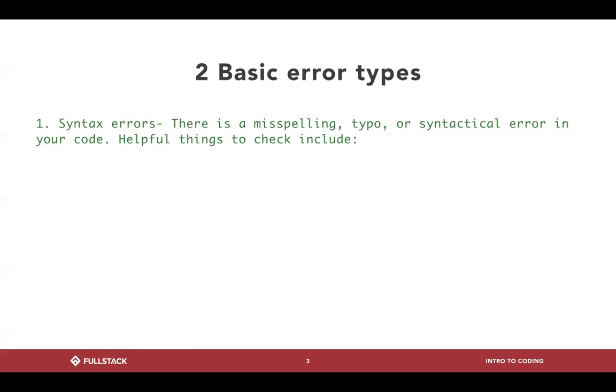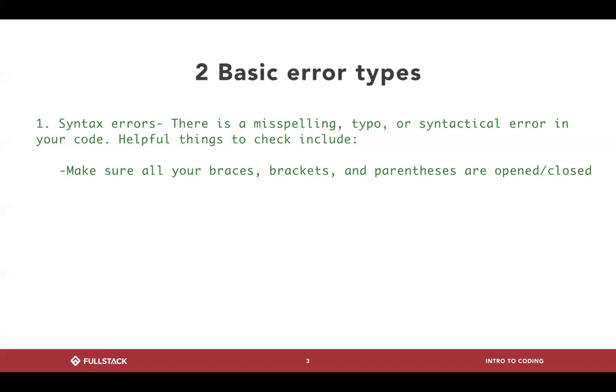That's going to throw an error, and it's just basically a typo. Or maybe when you're assigning variables, you write a plus equals instead of just a regular equal sign. These are things that are problems with the actual syntax, the actual writing, the way that the code is constructed.